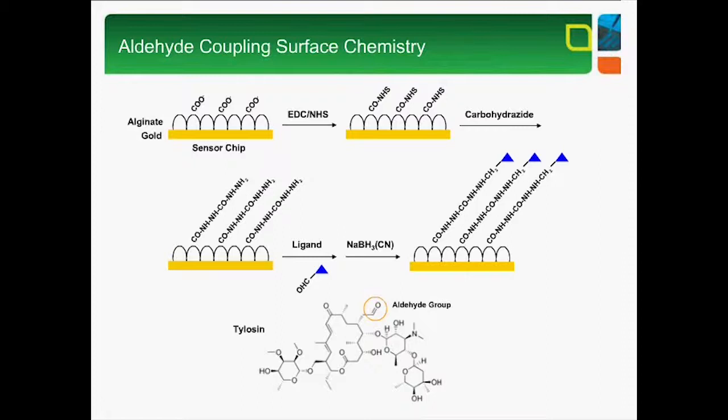So as illustrated in this graph, we first modified the sensor chip surface with EDC/NHS and carbohydrazide, and then we linked the aldehyde group to the surface using a Schiff base reaction, and then we reduced the carbon-nitrogen double bond to a single bond so that the tylosin molecule is covalently, permanently linked to the sensor chip surface.